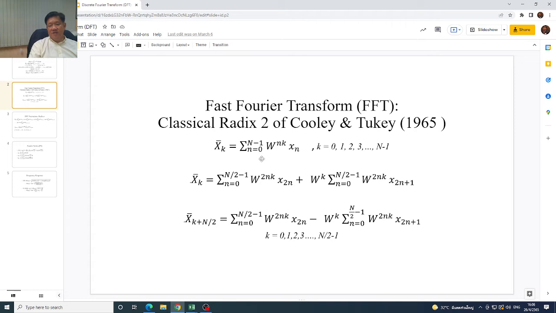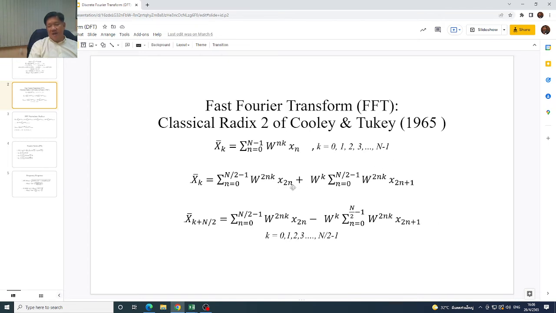You can see that for X bar k, we're going to split this summation into two terms. For the first term, we only consider x with index according to the even numbers, which is n equal to 0, 2, 4, 6, 8, or 2 times n.